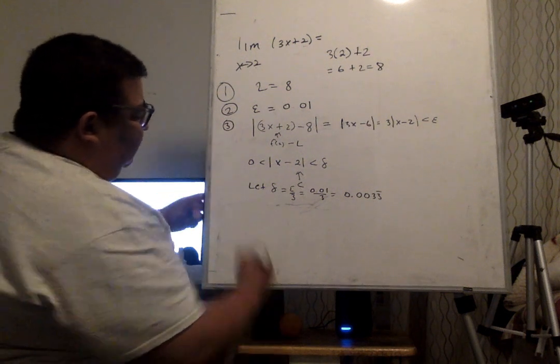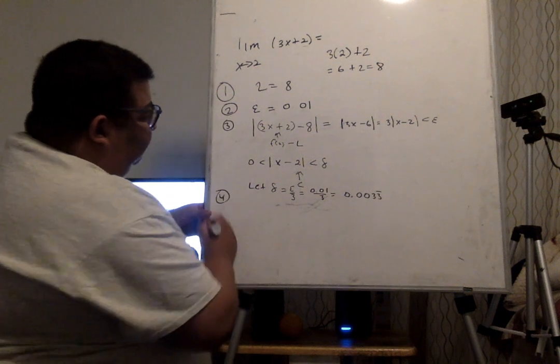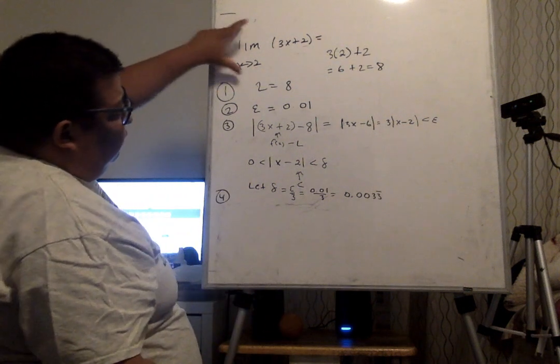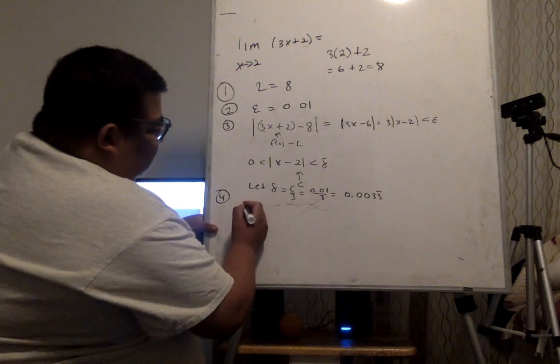That's the third step. Now the fourth step is to write the final proof. So to prove that this is the limit, all we have to do is this.